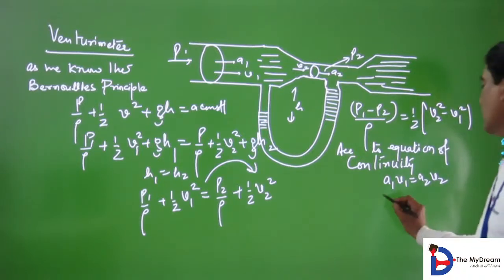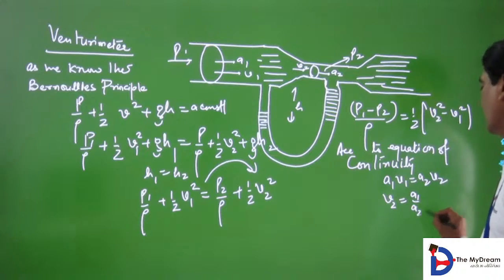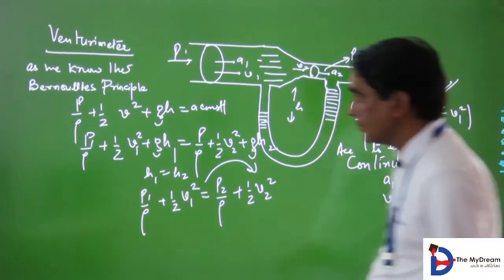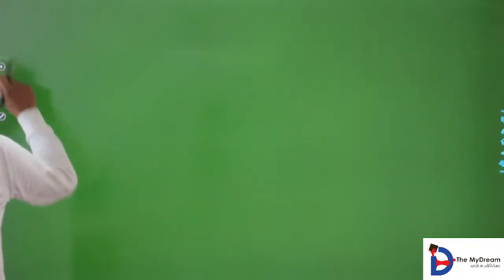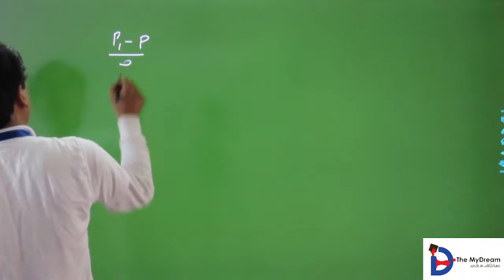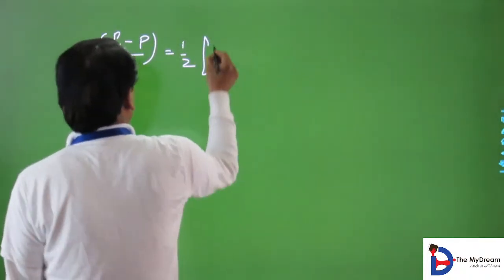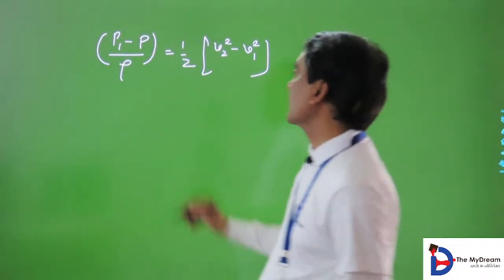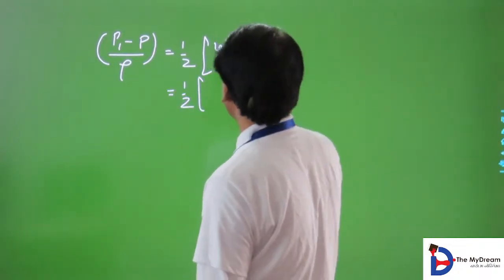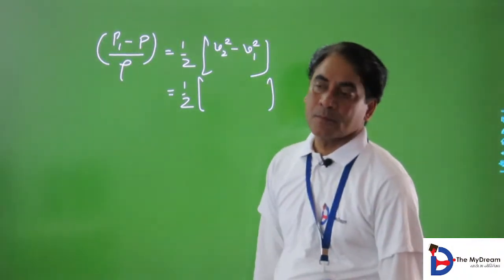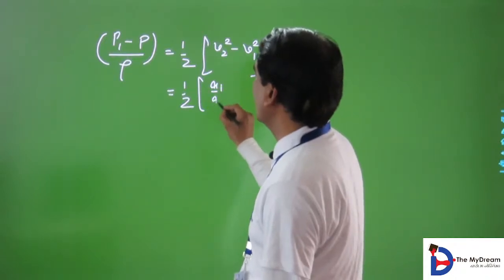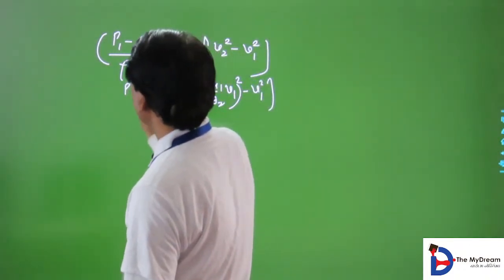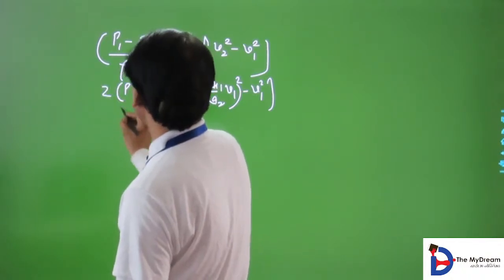So in place of V2 you can write A1 upon A2 times V1. Then P1 minus P2 divided by rho equals half of square of V2 minus square of V1, so P1 minus P2 equals rho by 2 times (A1 square V1 square by A2 square minus V1 square).